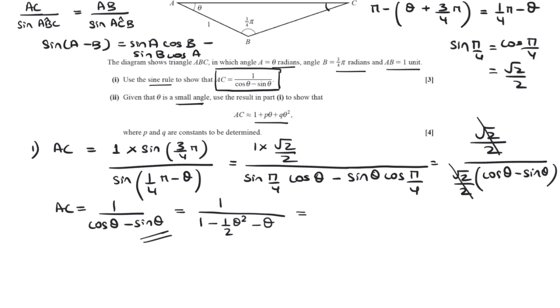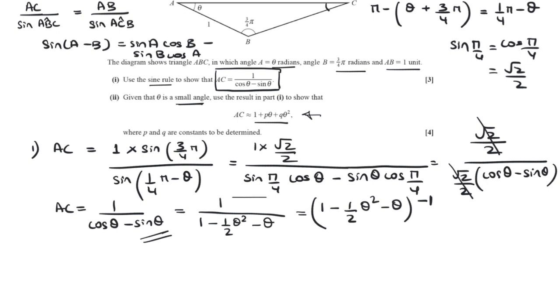However, I do know that I have to modify this further. How? Well, there is no fraction in my given result, so I'm going to have to modify it in such a way that I can get rid of the fraction. The only way I can do that is if I rewrite this expression to the power of minus 1.